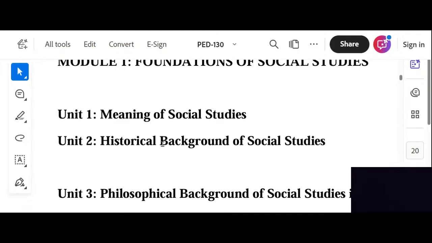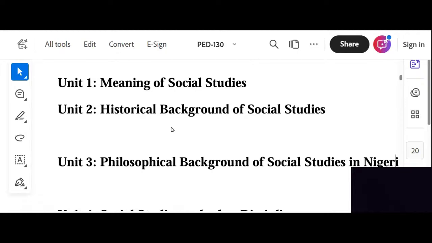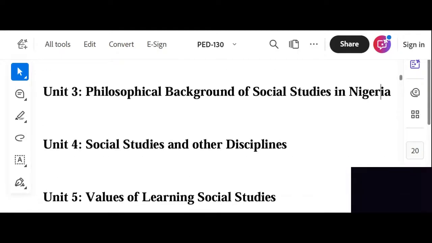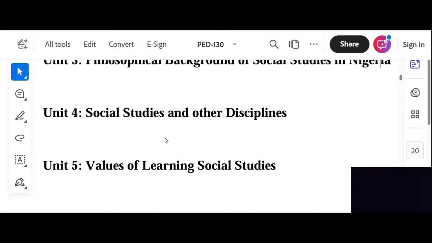So after the meaning of social studies, we'll talk about the historical background of social studies. In Unit 3, we'll talk about the philosophical background of social studies in Nigeria. And of course, Unit 4, social studies and other disciplines, and how they are interrelated. Finally, we will talk about the values of learning social studies.